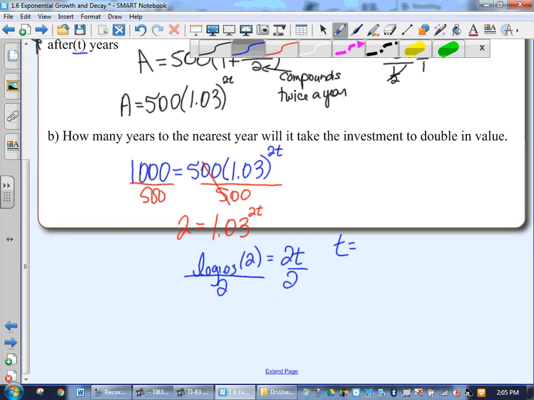Okay, now just to read this question again, it says how many years to the nearest year will it take the investment to double in value? Well, it's going to double partway through the 11th year, so I'm going to round it up to 12 years. And that is the end of exponential growth and decay.